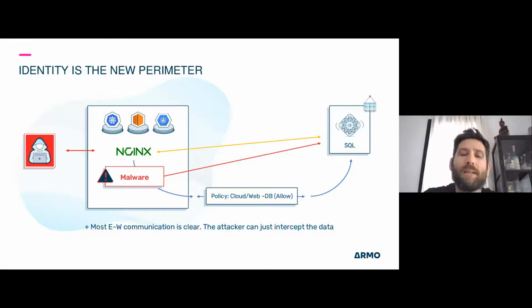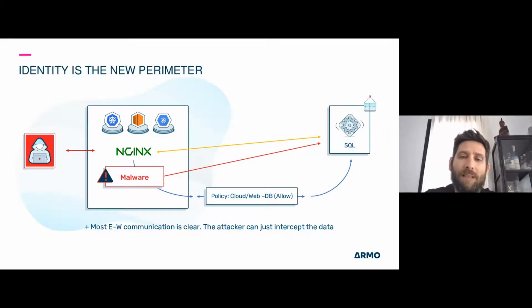You didn't mean that the malware that lands on your Nginx pod can also communicate with your SQL. That's a fundamental problem in Kubernetes, as well as any cloud construct. It can be a VM, a pod, a container.